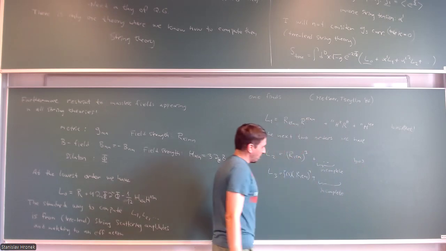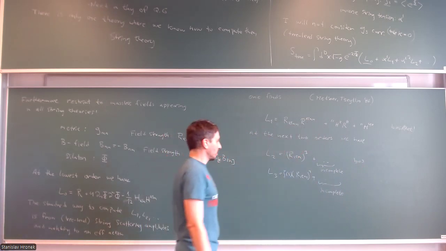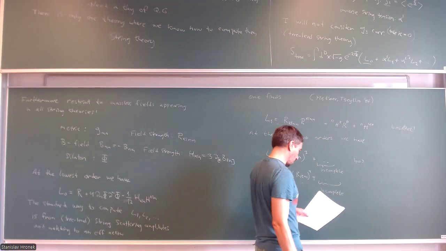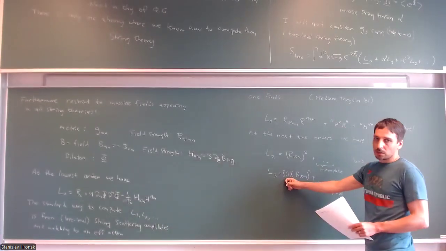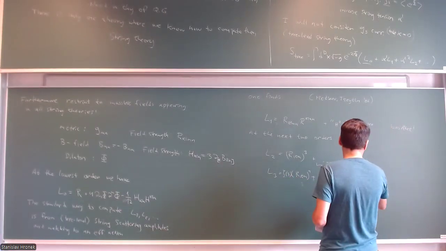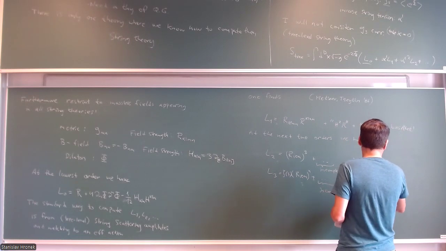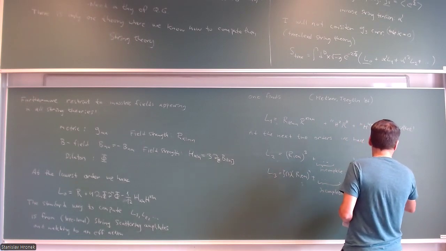Whereas the first correction that appears for the type 2 string, the maximally supersymmetric string, is this correction in third order. In fact, it has been shown to appear in all the theories, the coefficients. So it appears in the bosonic string, the heterotic string, and also the type 2 string.